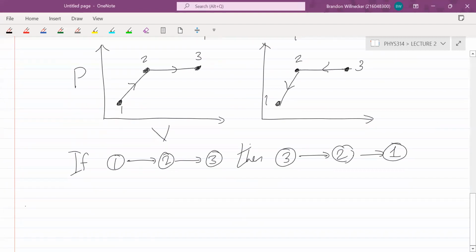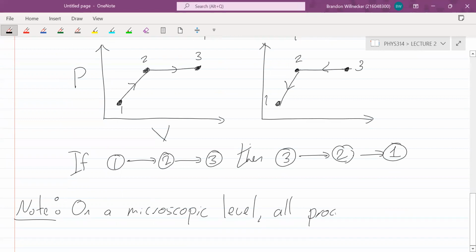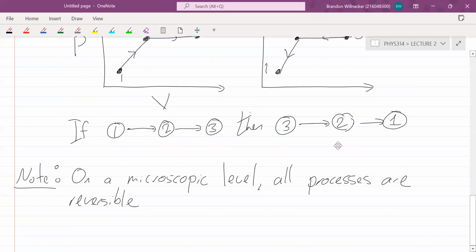Just a note on this idea of reversibility. On a microscopic level, all processes are reversible. By microscopic, I mean we have full knowledge of all the particles and what they're doing.